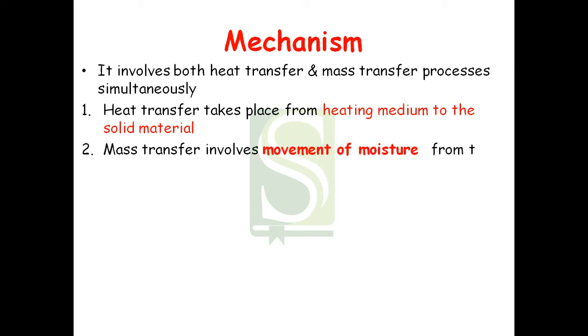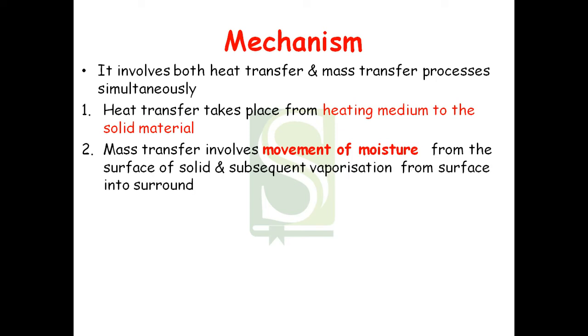The unbound water or moisture present in the voids, when heated, will first come up to the surface of the material and then be vaporized. This process involves mass transfer.